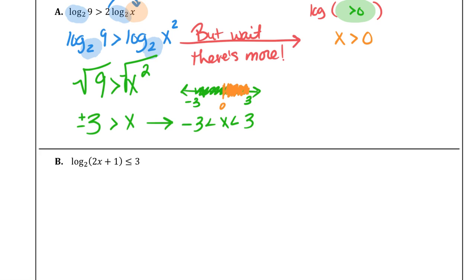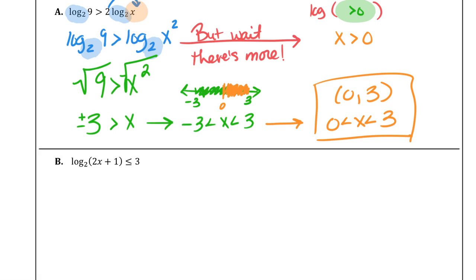A more restrictive domain says, well, in all actuality, the only values that I could choose from my window that would keep my logs positive is 0 to 3. Or you could write that in interval notation. So even though I had a very large window to choose from, some of these would create undefined situations. So I just need to narrow my window to my usable values.